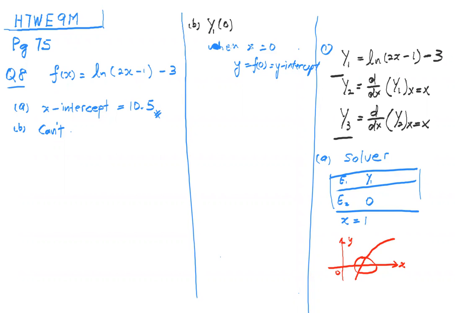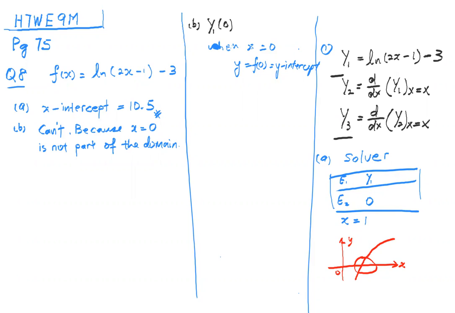So you can't find f(0). What is the reason? Because x equals 0 is not part of the domain. I give the reason for myself. In the exam, you don't have to.